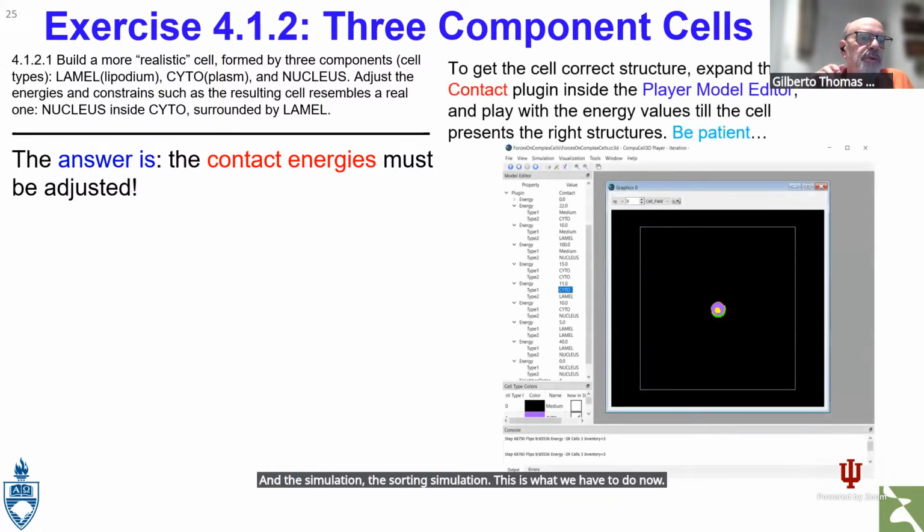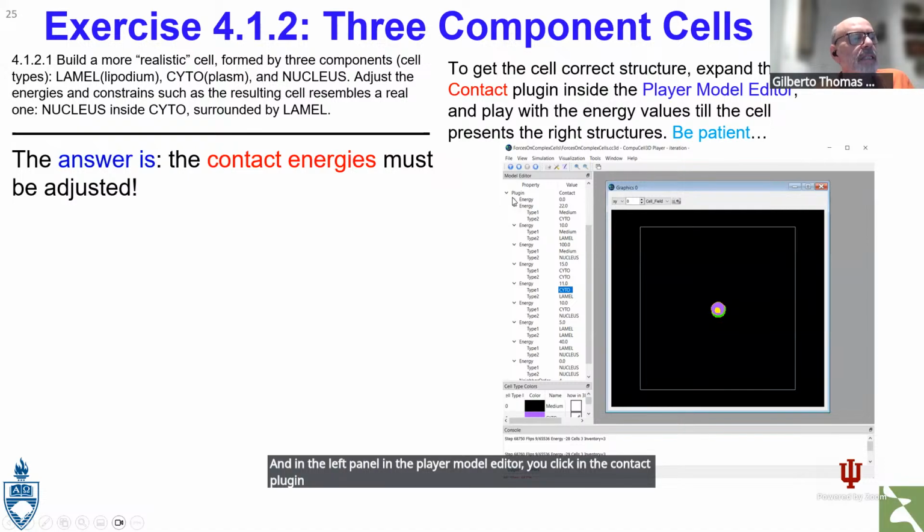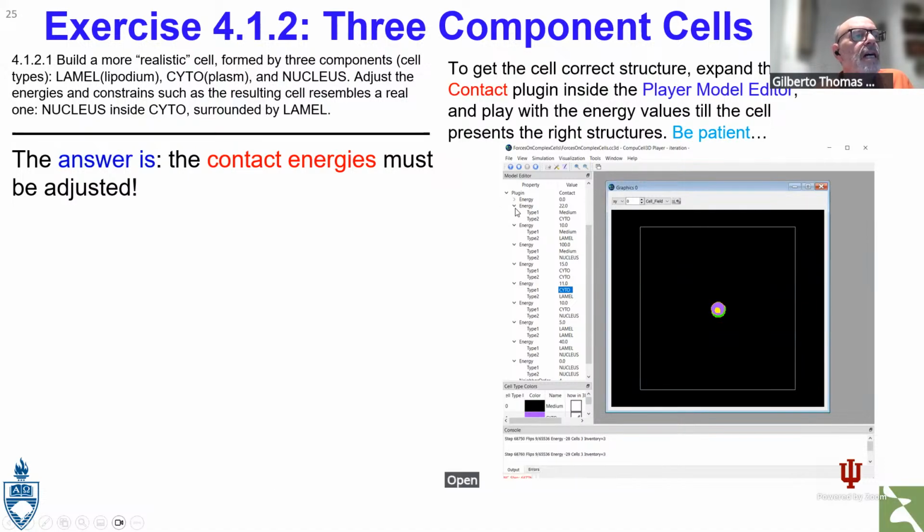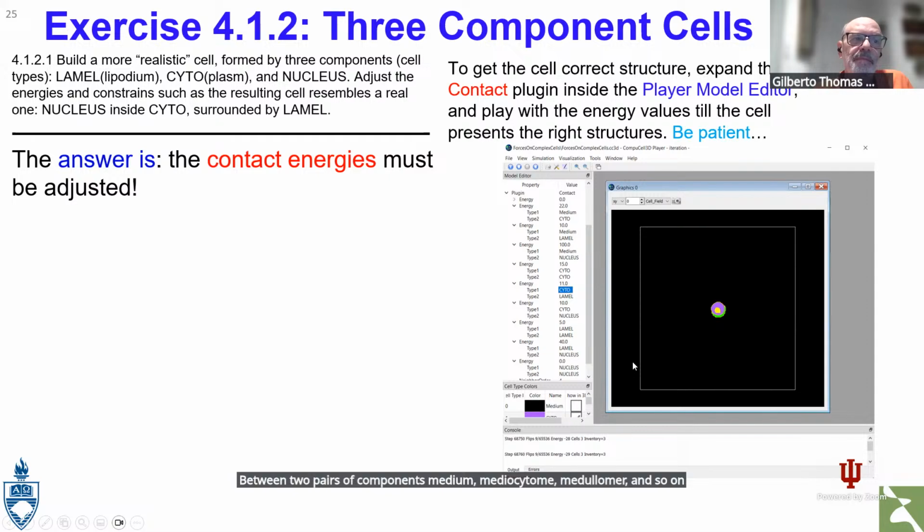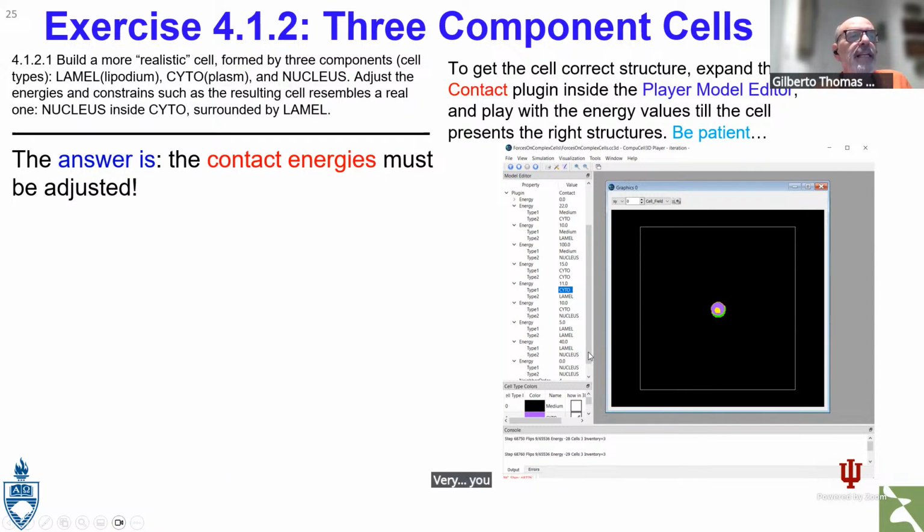So if you go to the player, in the left panel, in the player model editor, you click in the contact plugin, you can open all the contact energies between two pairs of components: medium, cyto, medium lamel, lamel, and so on. You have to be very patient to adjust everything.